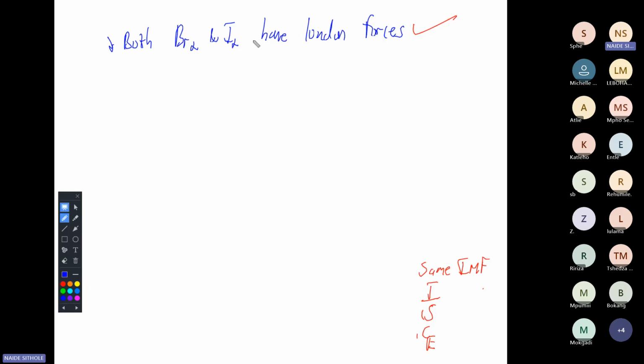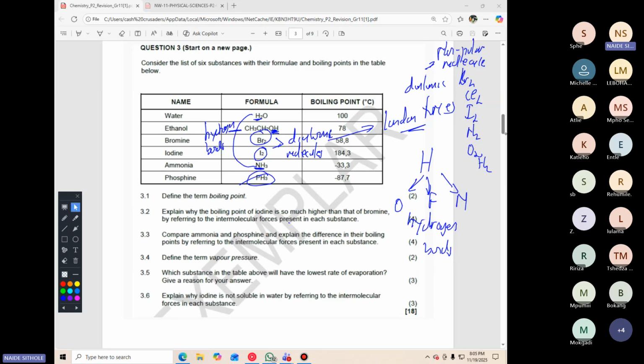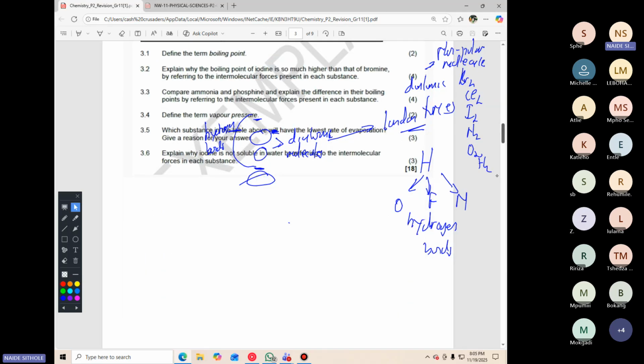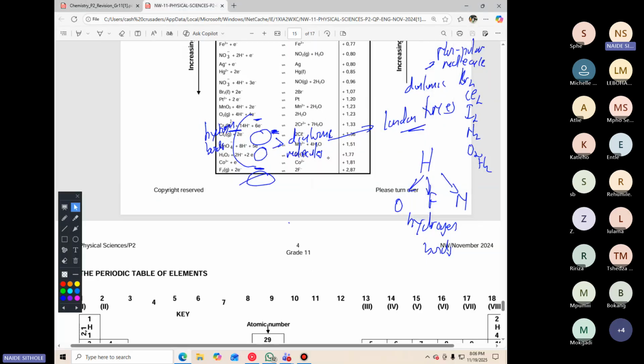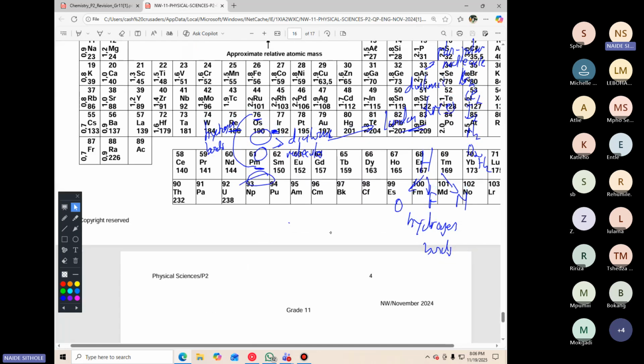So both Br2 and I2 have London forces. But now, obviously, if you consult your periodic table, you need your molecular mass to confirm this. Remember, if they have the same type of intermolecular forces, it means the difference is in the molecular mass.